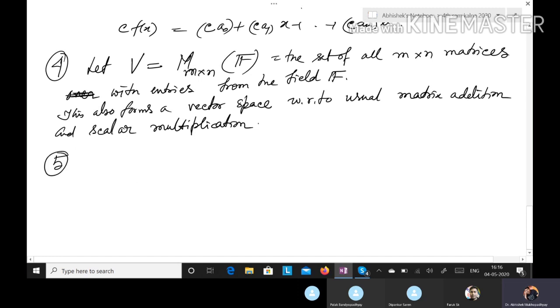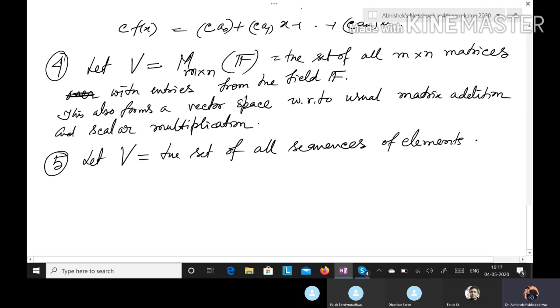Number 5 is, let V denote the set of all sequences of elements of the field F. That means V is the set of all sequences xn, where the xn are in F for all n.